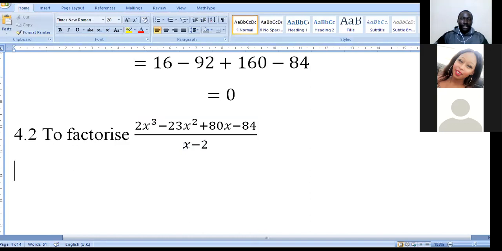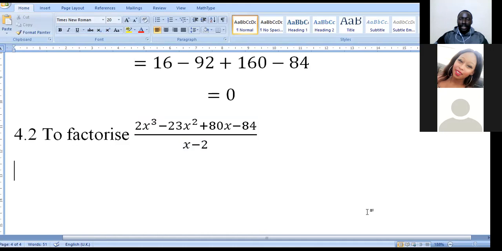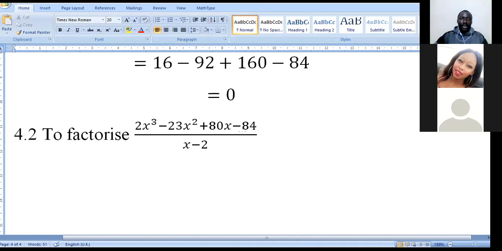Now, unfortunately, I'm going to change the page a little bit, because we have to do some drawing. So let me just create a new page here where we can do the calculation. There are two methods. We can use the method of long division, or we can use this method here called synthetic division. So this is what we have.